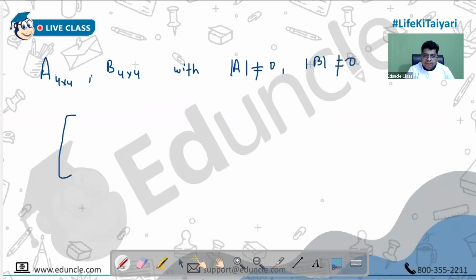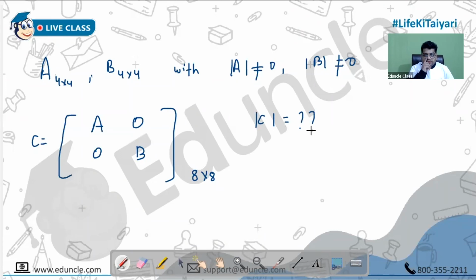We are saying C is the block matrix with A 0 0 B, and C is an 8 cross 8 matrix. What is the determinant of C? What is the determinant of C? The determinant of A times B.